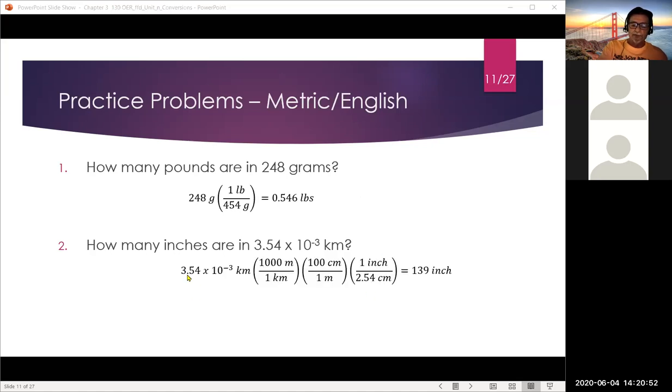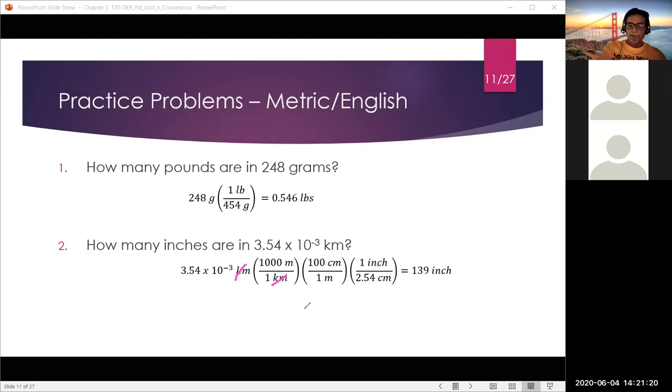So the first setup, we're given 3.54 times 10 to the negative third kilometers. Here's my first conversion factor because I want a factor that gets rid of kilometers. I know that 1,000 meters is equal to 1 kilometer. So that takes care of the kilometer units.